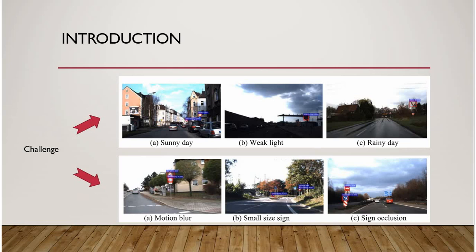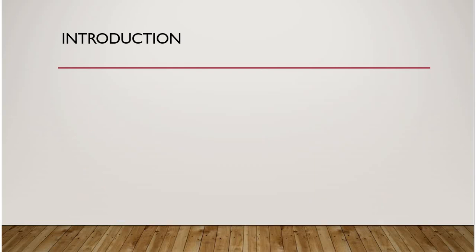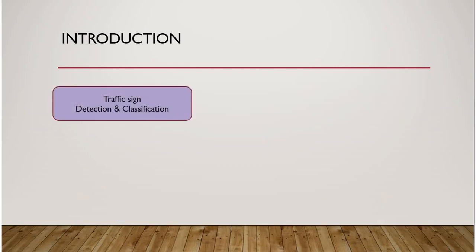TSRD is still a challenging study and several works have been conducted on it. TSRD consists of two independent branches, traffic sign recognition (TSR) and traffic sign detection (TSD). Traditionally, the methods of TSD usually depend on manual feature extraction.